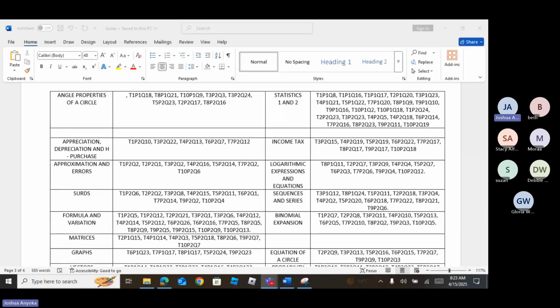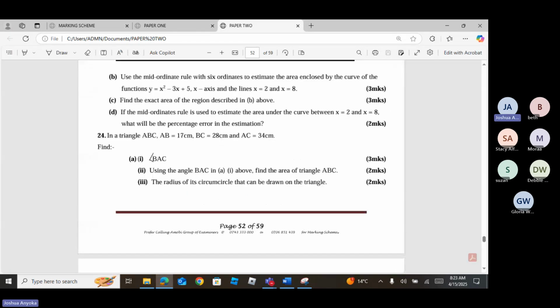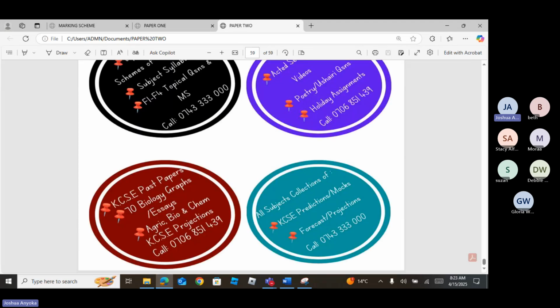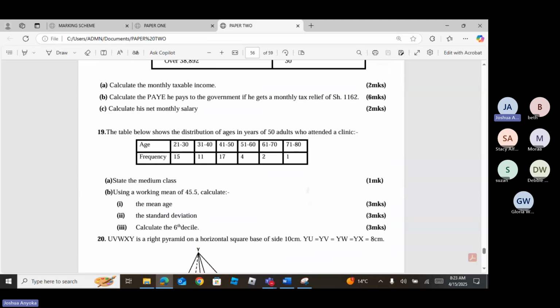Let us go to test paper 10, paper 2, question 18. We draw an idea from there and so we grasp the content.